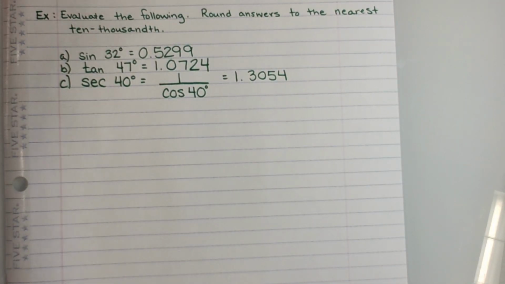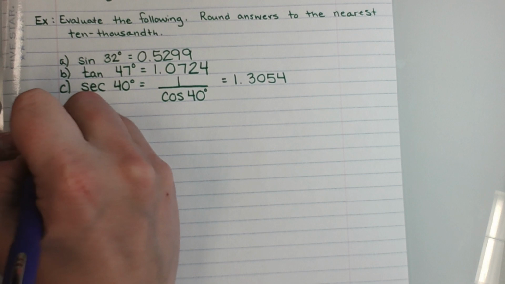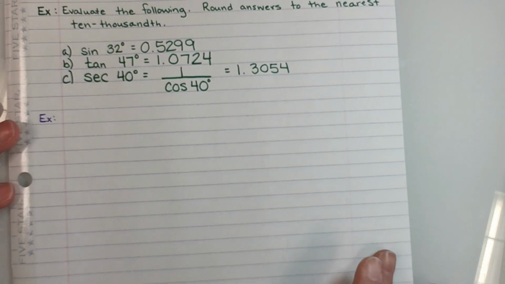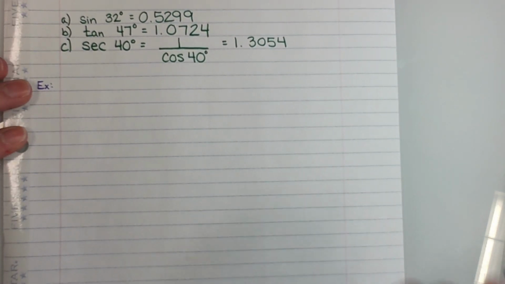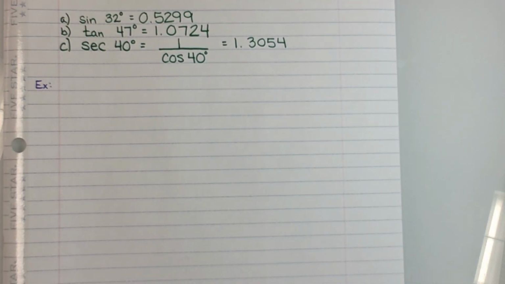So that's evaluating. Again, not our main purpose. Our main purpose is to solve. But in order to solve, we needed to know how to deal with trig of angles. Now, when we're solving, we're using trigonometry. What is trigonometry?